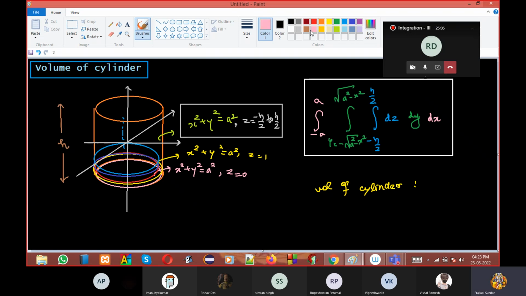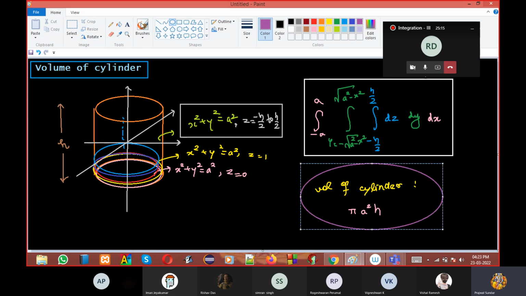I'm waiting for the answer. Pi a square h, that's it. You should get this answer. I'm writing the final answer so that you can verify whether you are getting the correct answer or not. Hope this is clear. This is the volume of a cylinder.